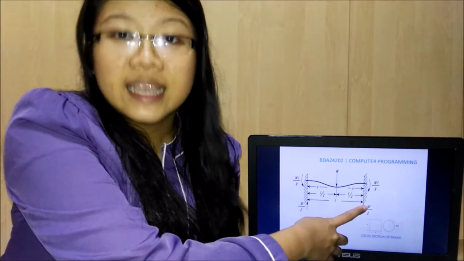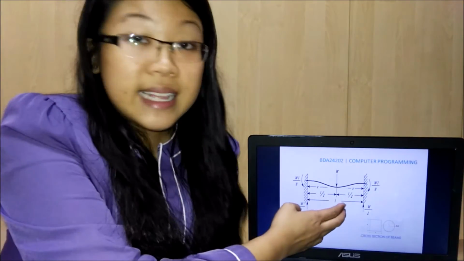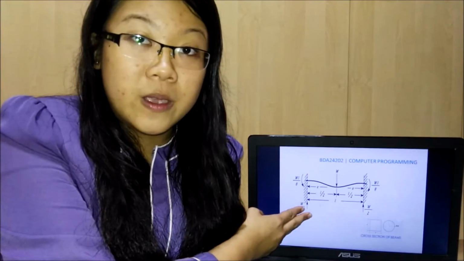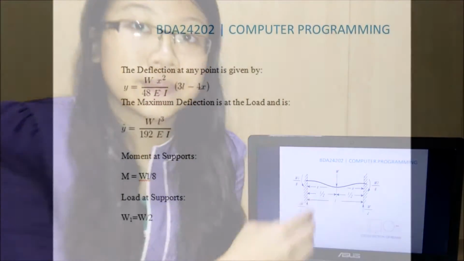The whole length is noted as L, and at the center, the length is divided into 2, so from the center to the end is L over 2. The distance between the center and the end of the beam is denoted as X.